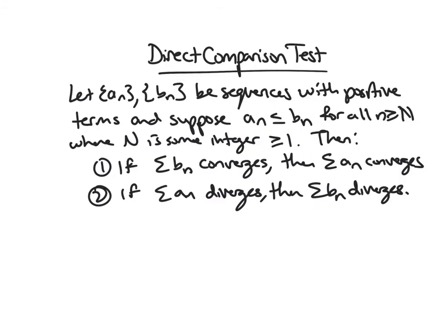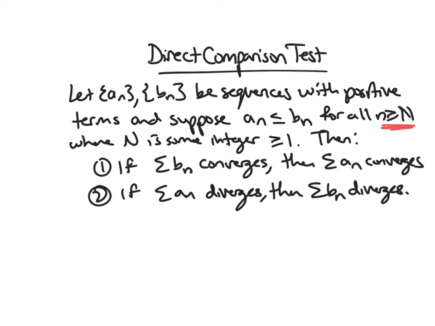So next on tap is the direct comparison test. Again, we want sequences with only positive terms. And here we suppose that your a_n terms are eventually less than or equal to your b_n terms. That's what this n greater than or equal to capital N is saying.